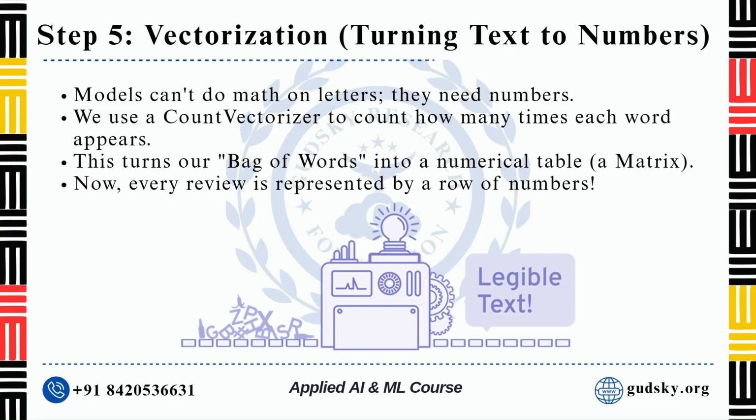A 1 means the word is there, a 0 means it isn't. Now we have maths instead of text. This is why we convert all the text to numbers: it is important for us to use numbers so our model can work easily and perfectly.